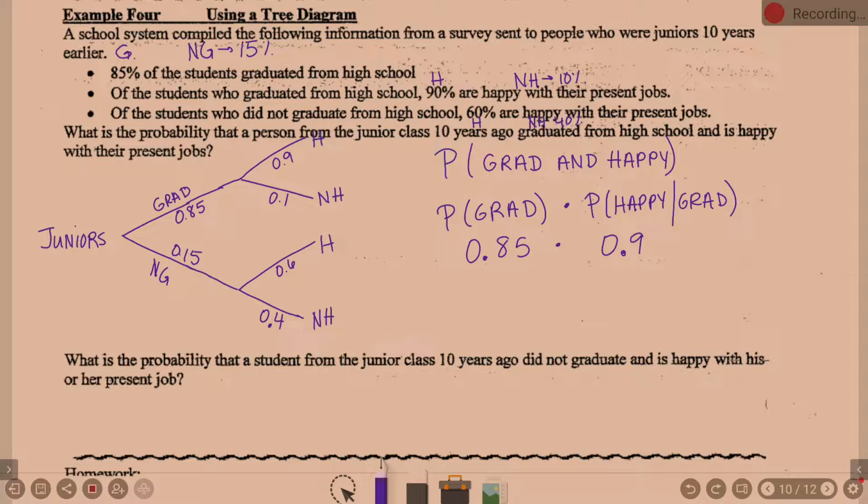Okay, do the math. 0.85 times 0.9. Okay. 0.765. What if I ask you to give this to me as a percent, since the whole problem dealt with percents? 76.5%. Okay, move that decimal over 2 places, and it is 76.5%.